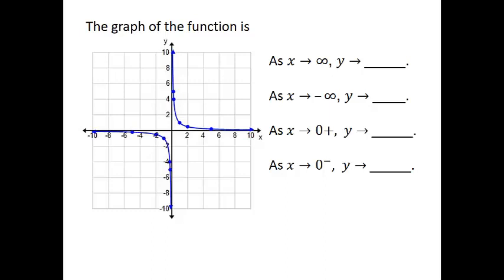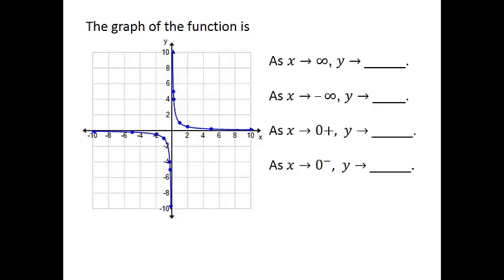Notice that this graph is in two pieces, which we would expect because it has a restriction at x equals 0. So the graph is going to do something to the left of 0 and to the right of 0. This is not a continuous function at all because we have to pick up our pencil to draw the two pieces of that. But notice the end behavior.